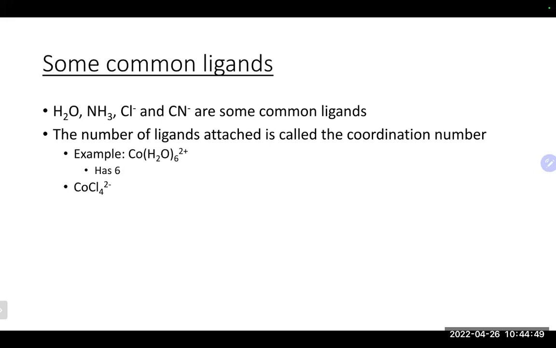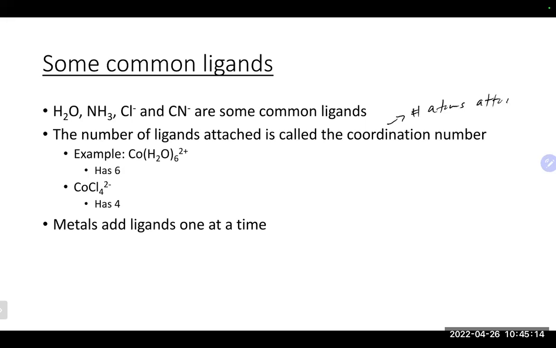So some common ligands like water, NH3, Cl minus, CN minus. Again, polar, having non-bonding electrons, also having negative charge is really helpful. Another important thing with complex ions is what's sometimes referred to as coordination number. Coordination number is the number of atoms attached to the metal that's in the middle.